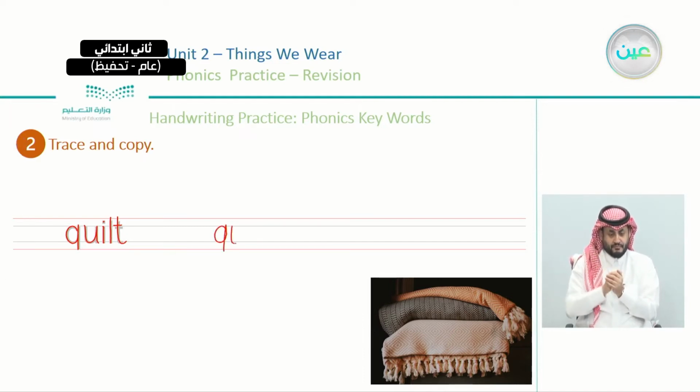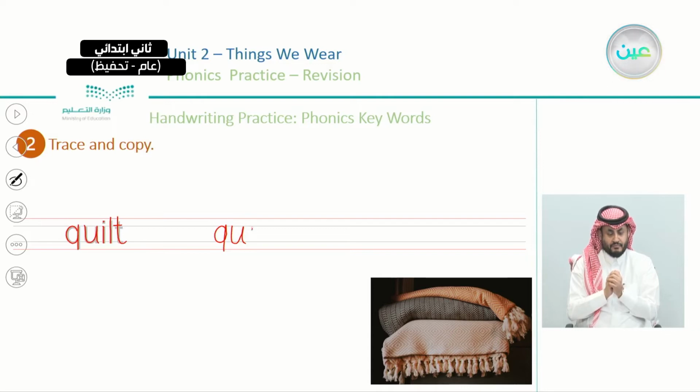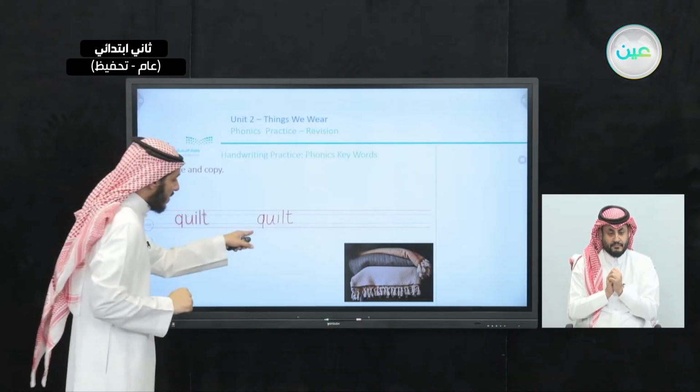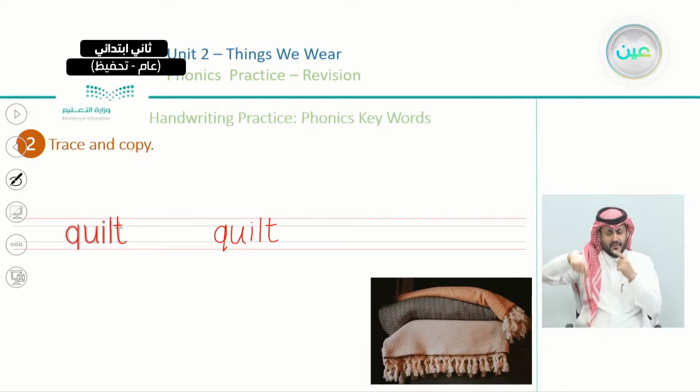Then we have U. And after that we have I, L, then T. Quilt. You can write the letter Q like this, or you can put a small line at the end of the line here, or you can not add this line.